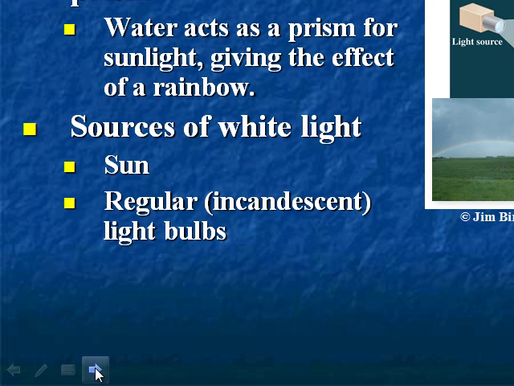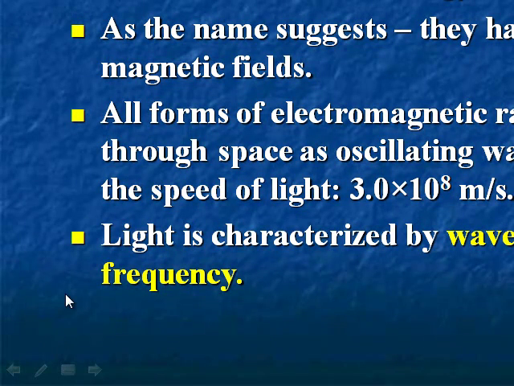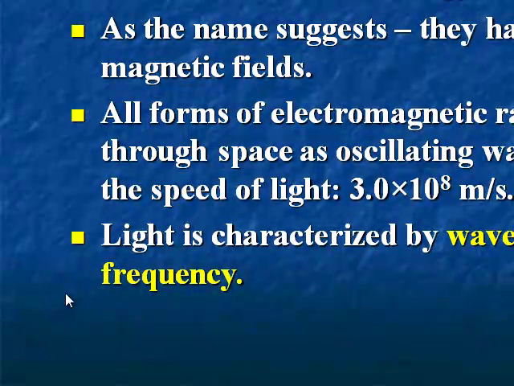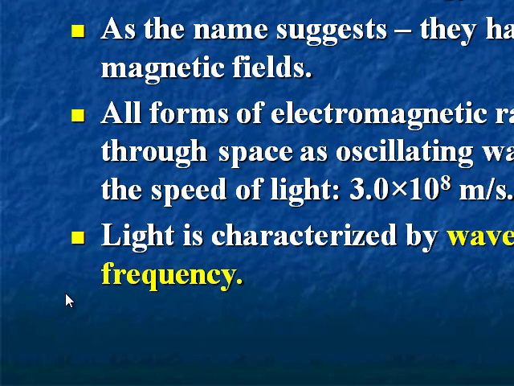So light exists as both waves and particles. Now we already talked about waves. The wavelength and frequency both are constituents of waves. Now when we say light exists as particles, you can think of that as packets of light, okay, small packets of light, and we call those packets with a special name, photons.